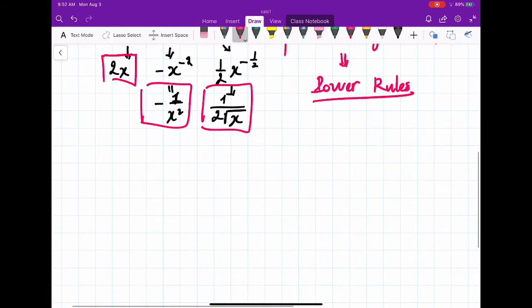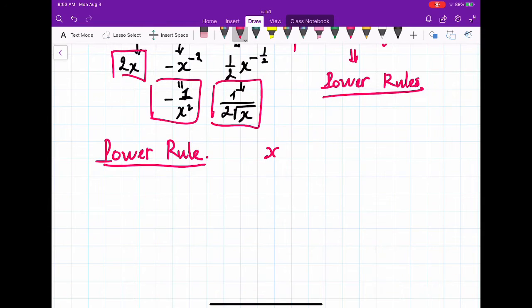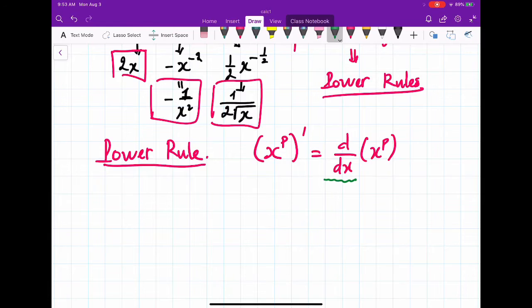So let's talk about the power rule. If you have the function x to the p and you consider the derivative of x to the p, sometimes they write d/dx of x to the p, which is another notation of the derivative.